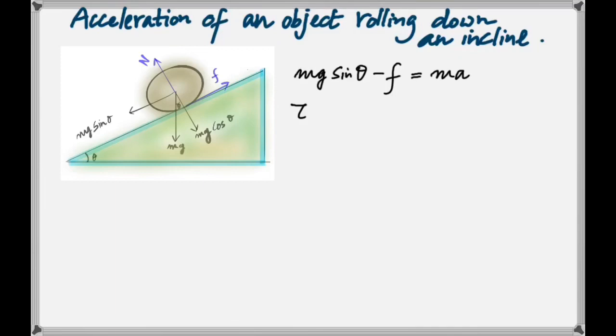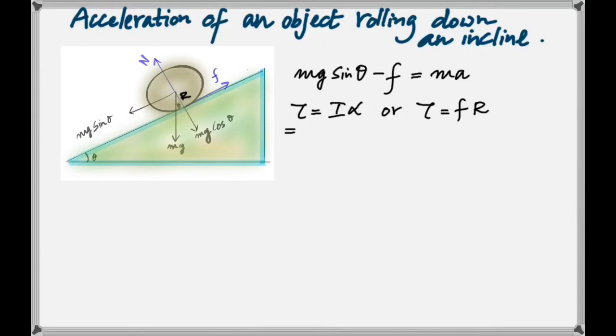Torque is defined as I times alpha, where I is the rotational inertia and alpha is the angular acceleration. But torque is also given by force multiplied by the perpendicular distance. So the force of friction multiplied by this perpendicular distance would give you the torque acting about this axis.